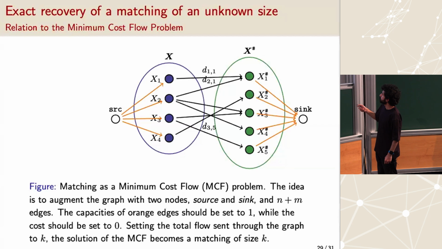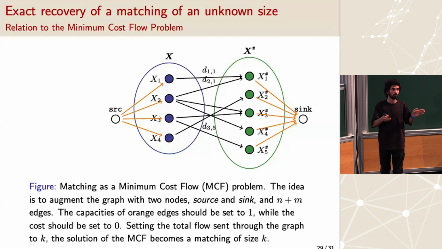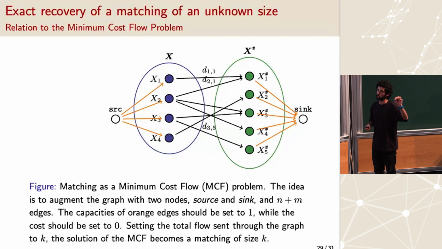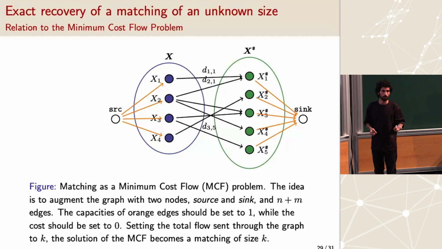We also put constraints on the capacity of each orange edge, from 0 to 1, so the capacity of passing through each orange edge is 1. The cost is always 0, because we don't want to penalize anything connected to the source. We want to penalize the rest, the edges between the x's and the x primes.